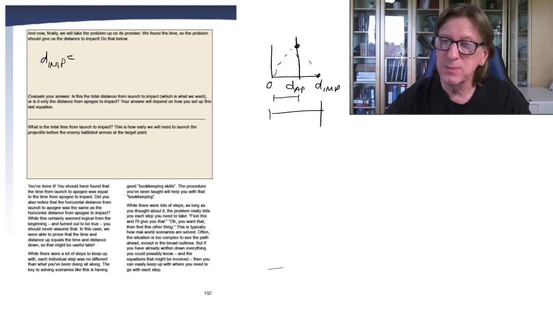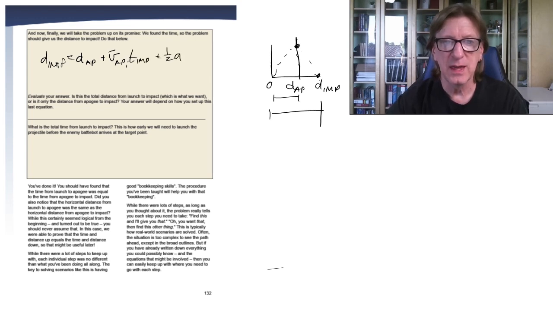So going back to my original equation, if this D impact is my final and D apogee is my initial, plus then I'm going to have my V apogee in the i hat direction times my T impact plus 1/2 my horizontal acceleration times T impact squared. And of course, remember that was 0.